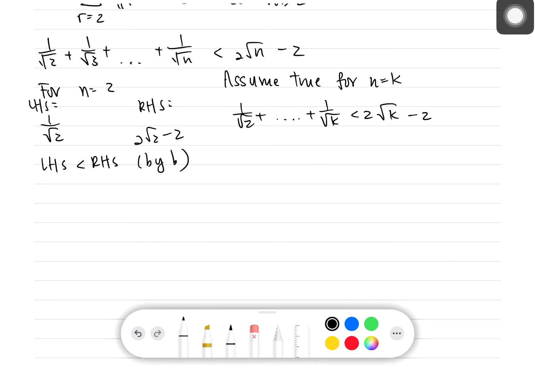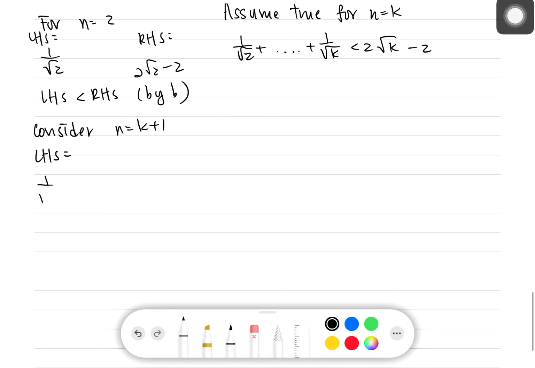So now we will consider the case where n is k plus 1. Our left-hand side would be 1 over root 2 plus all the way to here, and the right-hand side would be 2 root k plus 1 minus 2.